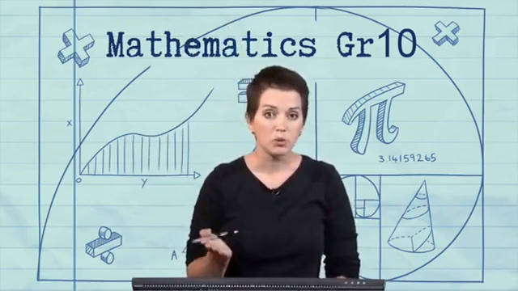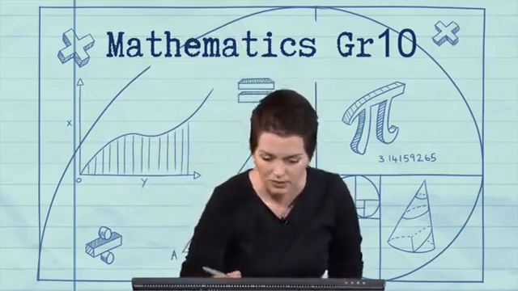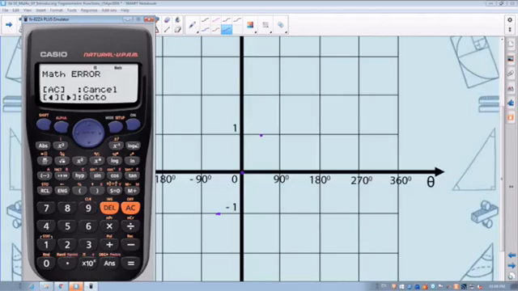So it is important that we mark that down. I'm going to do that now. So at 90 degrees, and you would of course use your ruler to do this, I'm putting in my dashed line, and I'm going to label it at the top as x equals 90 degrees.